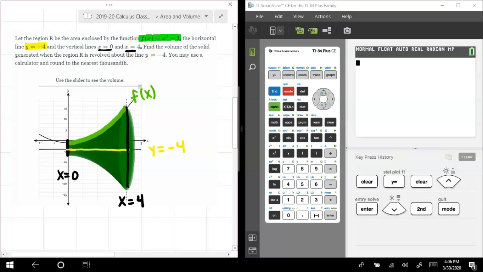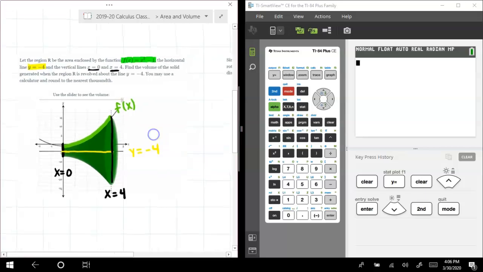Find the volume of the solid generated when the region R is revolved about the line y equals -4. So it's rotated around this horizontal line, y equals -4, the yellow line. Use a calculator to find volume, so we need to set this up.